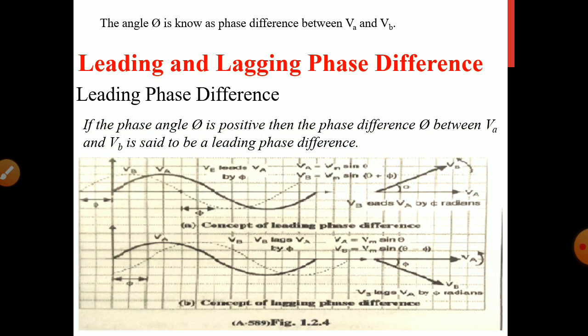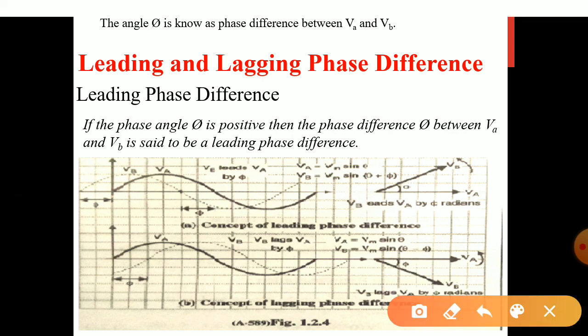Now you see the next concept, that is lagging phase difference. Now if the angle phi in this equation is negative, then the phase difference is said to be lagging phase difference, that is VB. This VB part, see the dotted one, it is starting from here, and here also by phi angle it is lagging behind VA.